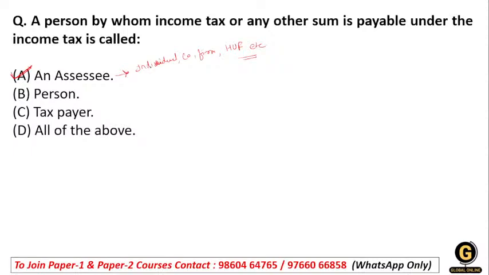If the person is called an assessee, that does not necessarily mean that tax is payable by that person or company. Now, who is a taxpayer? Taxpayer is a general term for anyone who pays tax, but assessee is a legal term we use in income tax. I think you get confused between the words assessee and taxpayer.